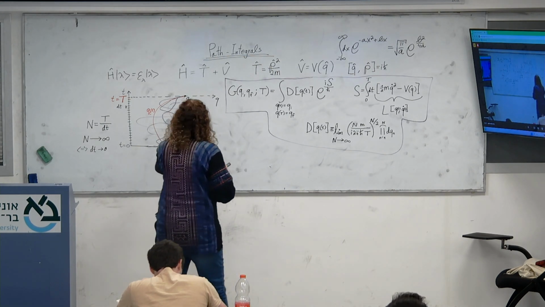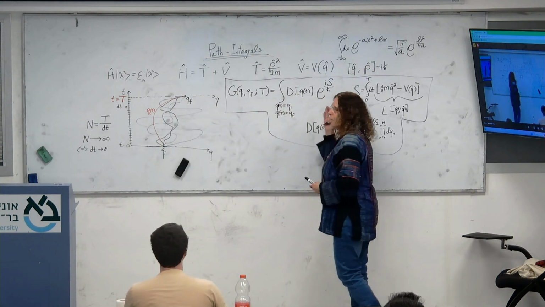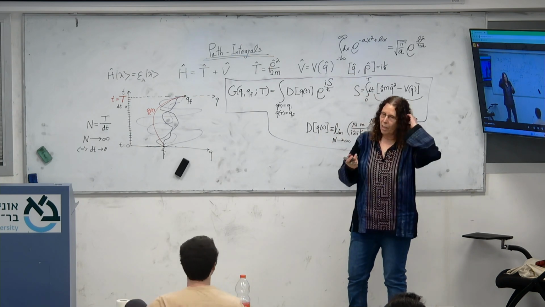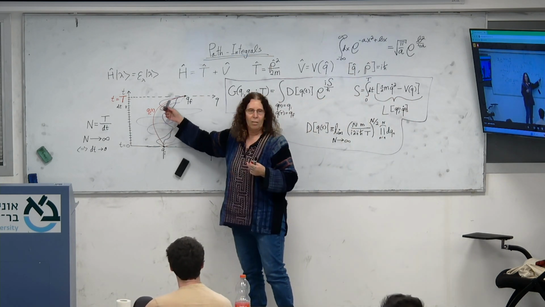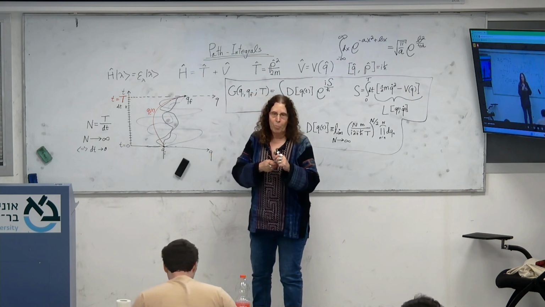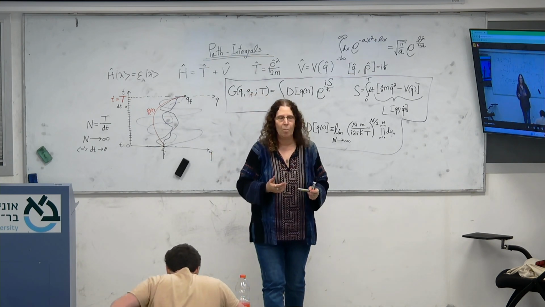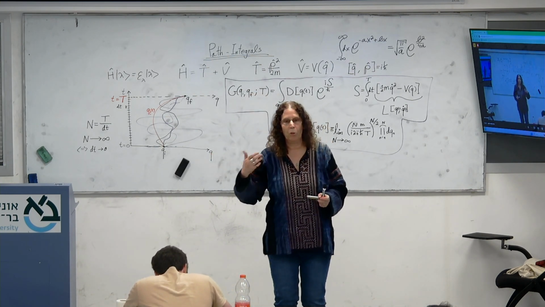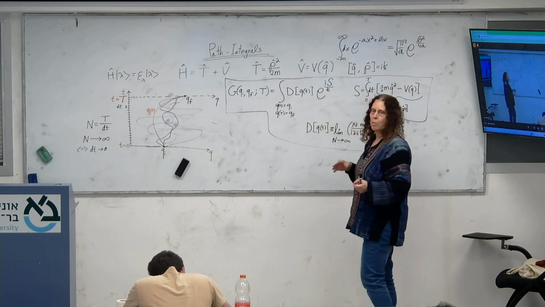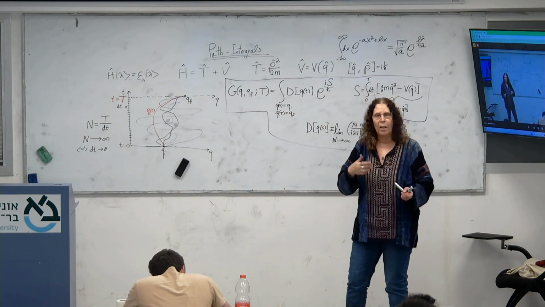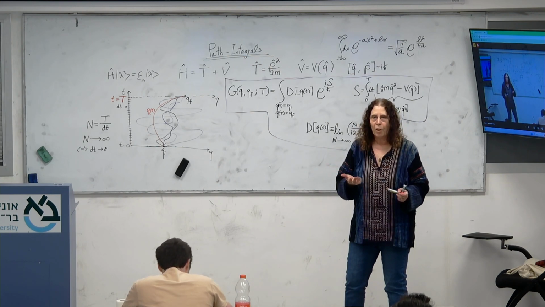And in the limit that h bar goes to 0, or in the semi-classical limit, it will dominate the integral, okay, and basically recover the classical limit. But we can do better, having this expression, we can do an expansion in h bar and get corrections, okay?